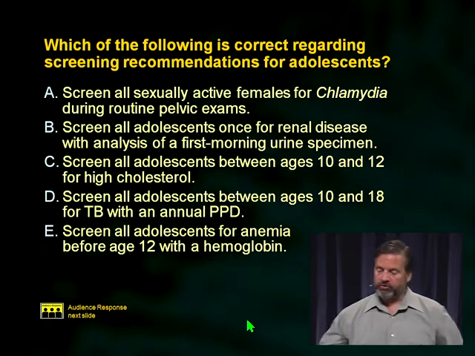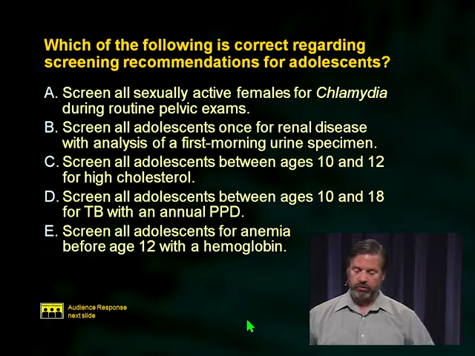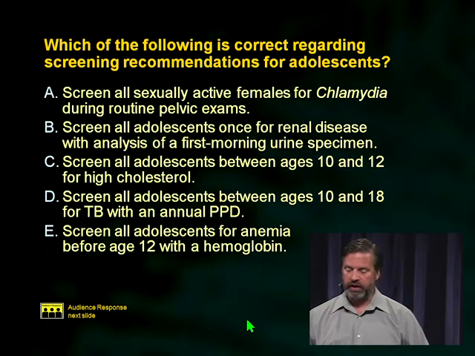All right, a question about screening in adolescence. Grab your box and answer the question, which of the following is correct regarding screening recommendations for adolescents? So 4 of these are wrong and 1 is right. A, screen all sexually active females for chlamydia during routine pelvic exams.